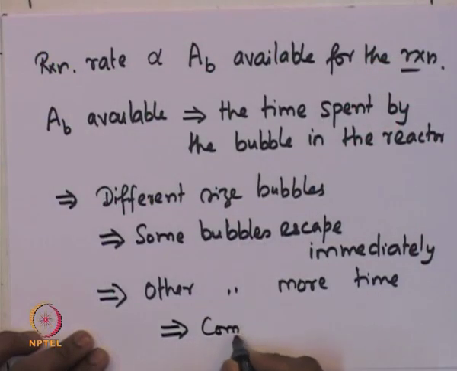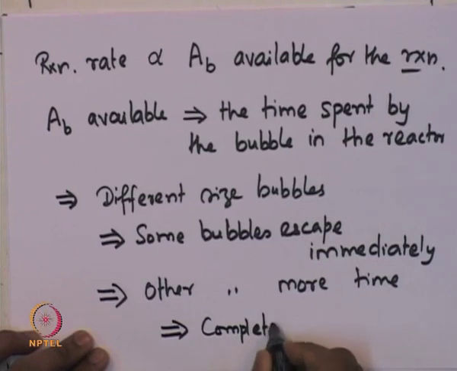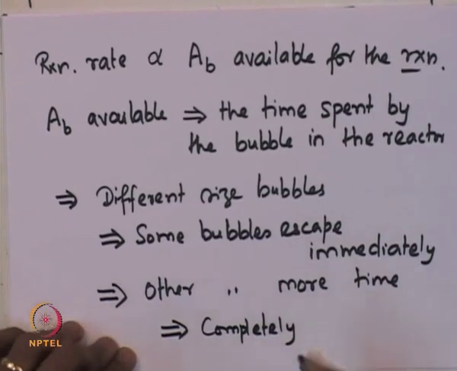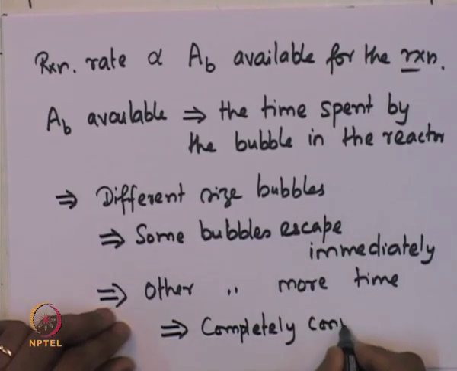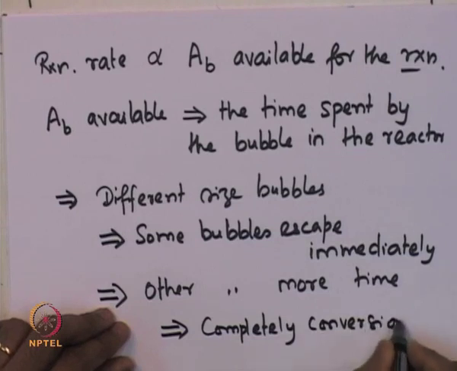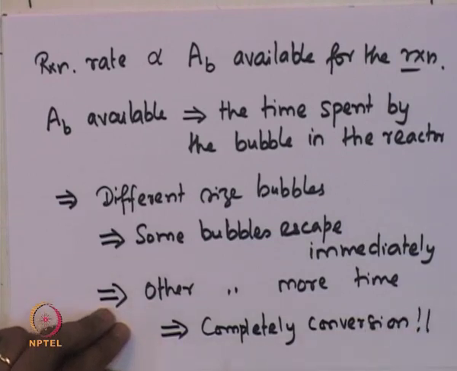So, some of these bubbles get completely converted. So, the gas species present in some of these bubbles gets completely converted. So, there can be complete conversion or complete consumption of all the species in each of these bubbles.